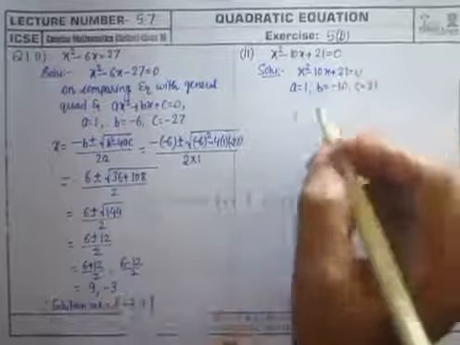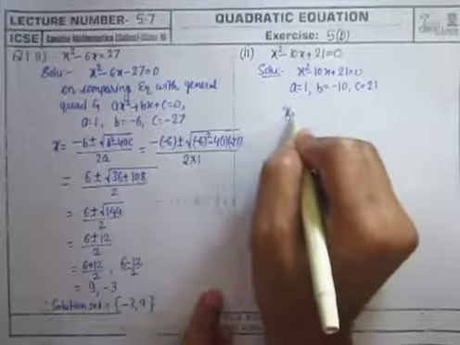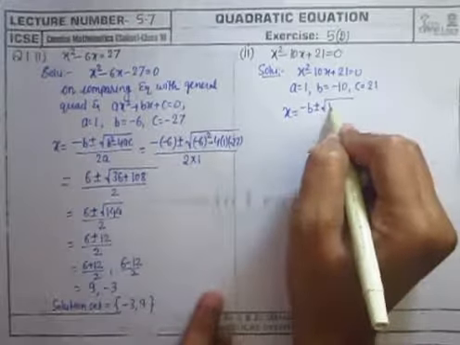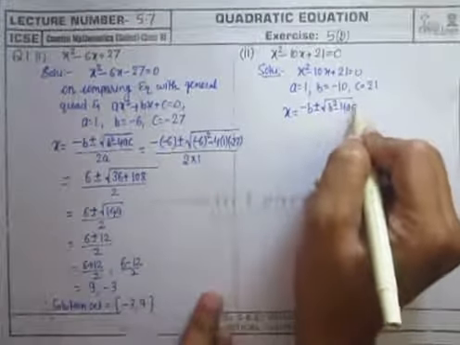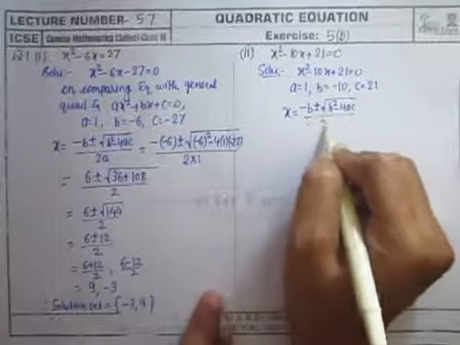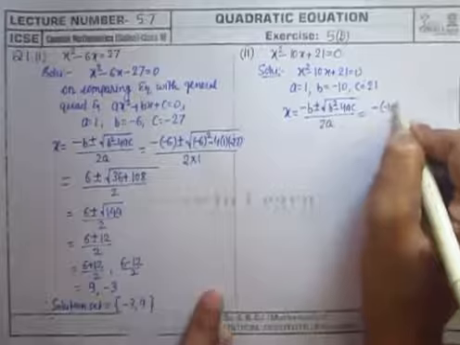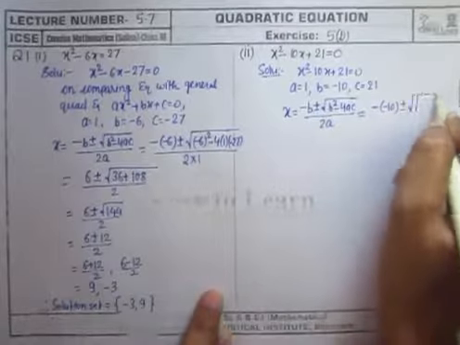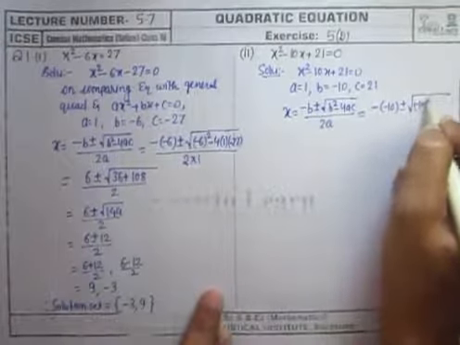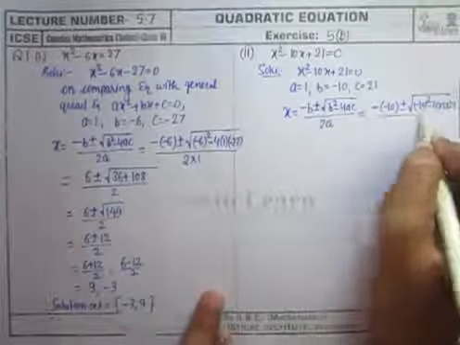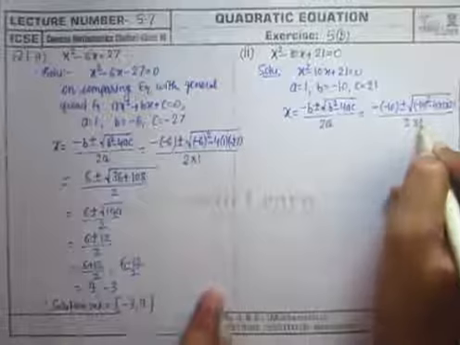This is called c. So the formula for x is minus b plus minus root under b square minus 4ac by twice a. So put here minus b is 10 plus minus root under minus 10 square minus 4, a is 1 and c is 21, by 2a, a is 1.